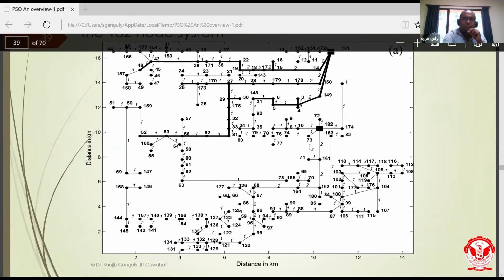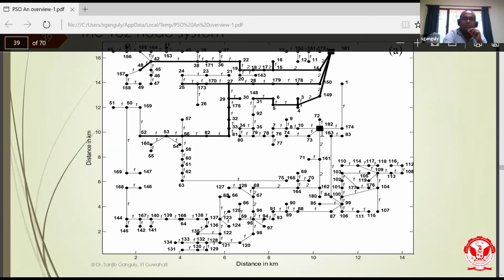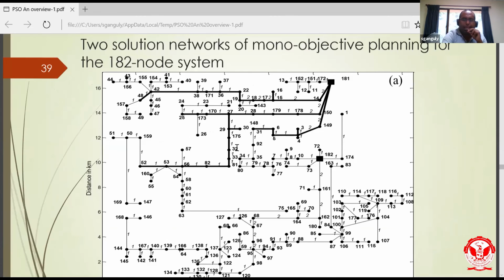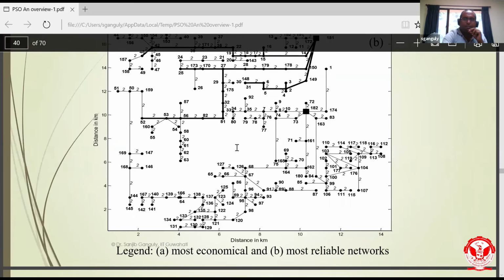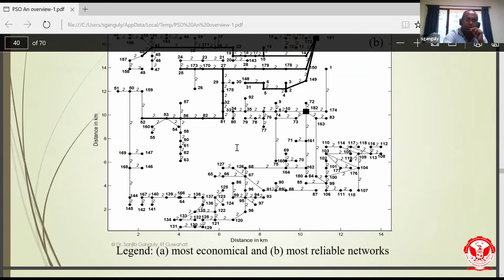In the 182 node system, the bold lines represent the existing network, and you have substations, one at node 182 and another at node 181. The rest of the nodes are connected via this optimization. This is the reliable network and this is the economical network.